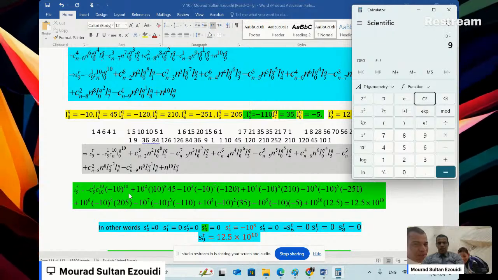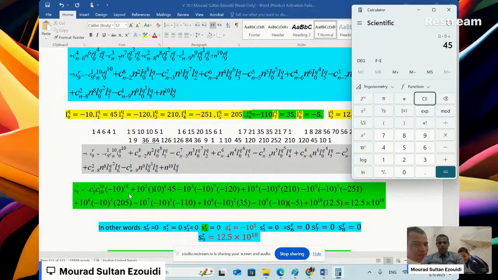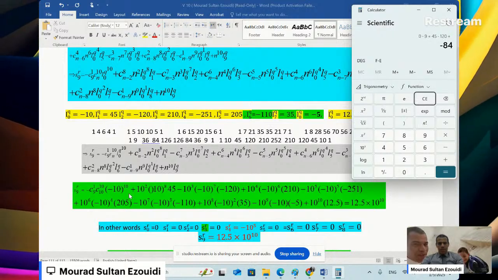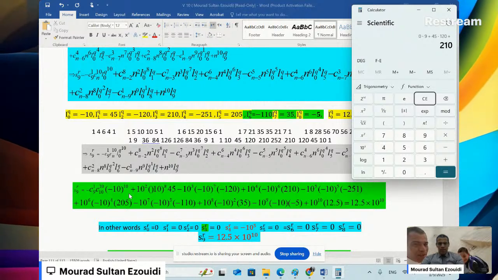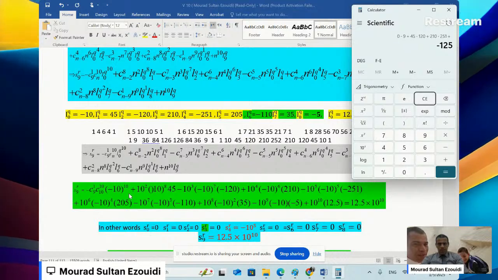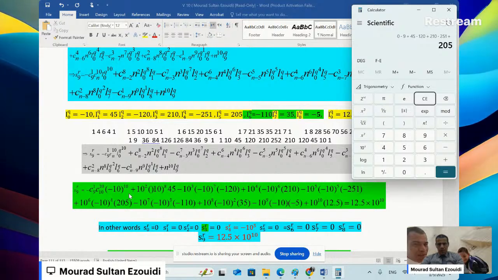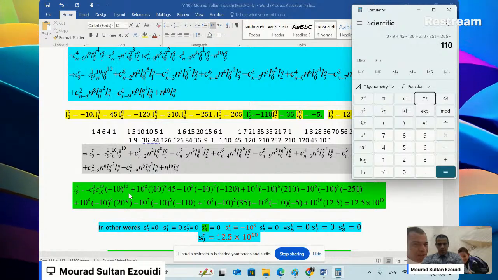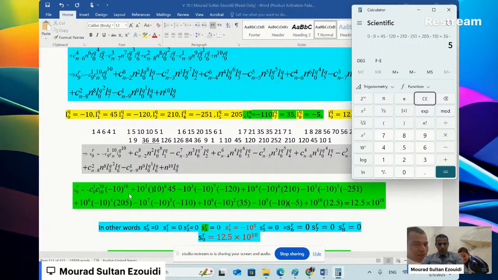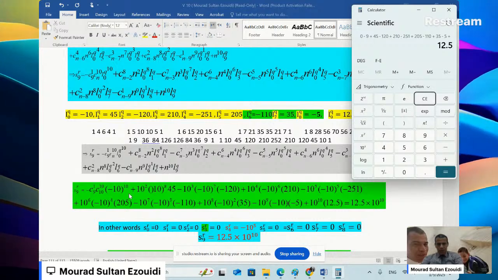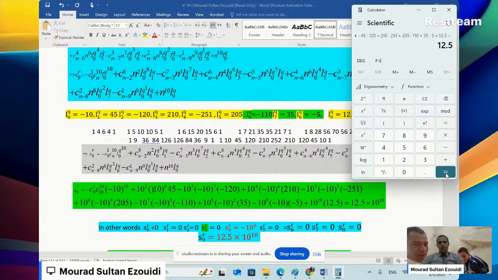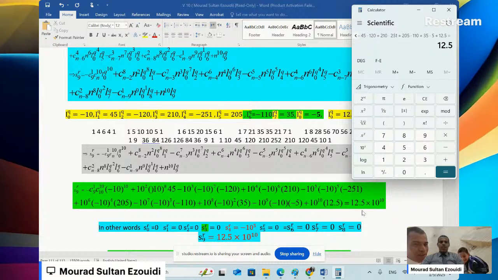This is negative 9 plus 45 minus 120 plus 210 minus 251 plus 205 minus 110 plus 35 minus 5 plus 12.5. This is equal to 12.5 multiplied by 10 raised to the power 10. So this is the answer for S9.